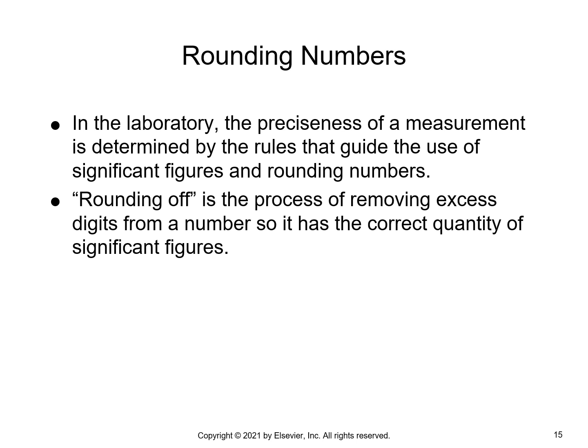Now let's talk about rounded numbers. When you're working in the laboratory, the preciseness of a measurement is determined by certain rules that guide the use of significant figures and rounding numbers. Rounding something off is a process of removing any excess digits from a number so that it has the correct quantity of significant figures.